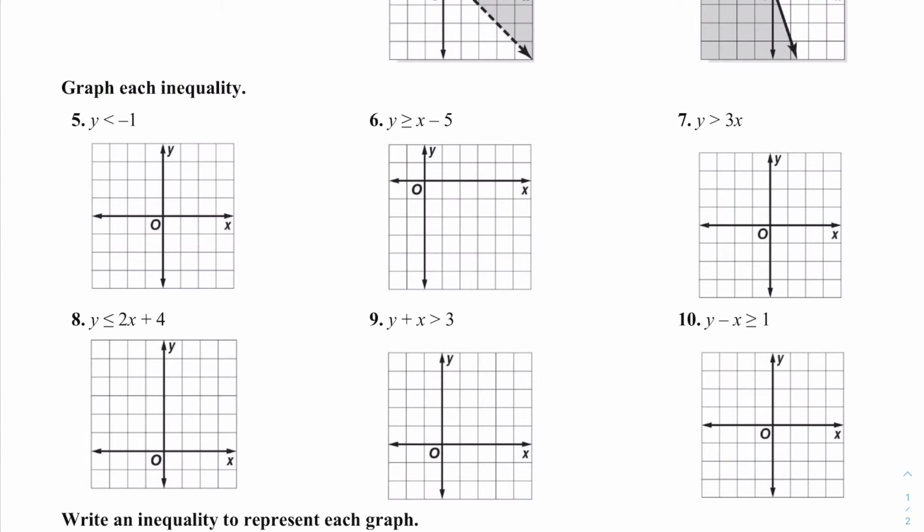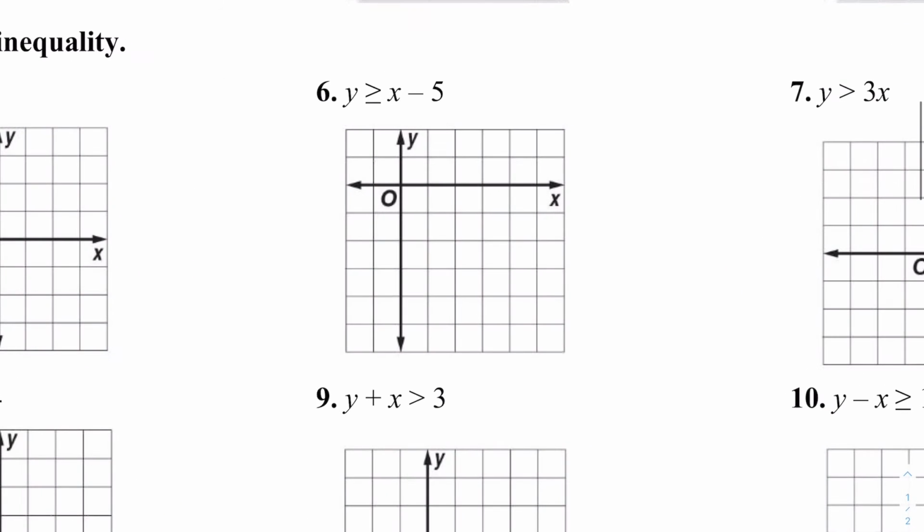Now let me just show you how you can graph with slope-intercept form of inequalities. If I have a negative 5 here, that's my y-intercept. So at negative 5, I should have one of my points. Then let's look at the slope. The slope is equal to 1 because how many x's are right there?